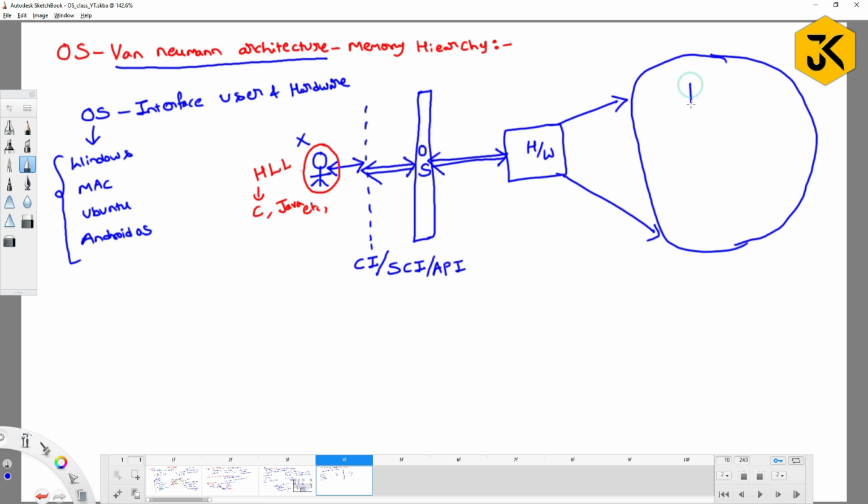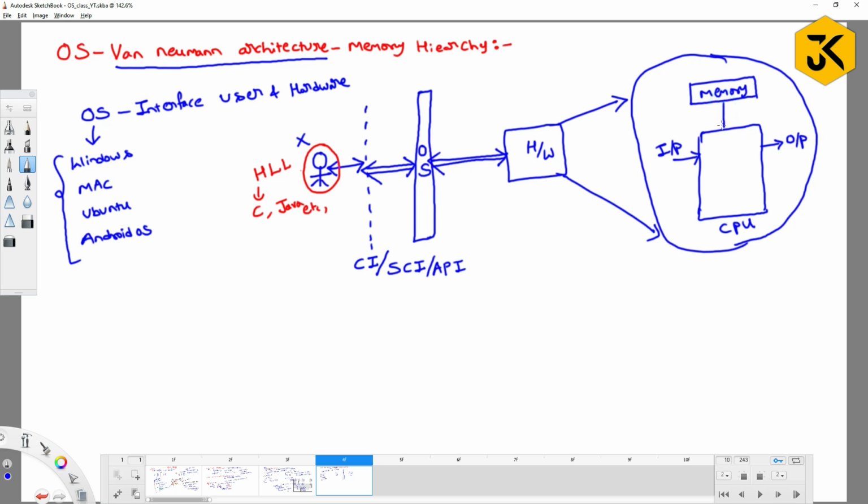So hardware contains, one, a memory area, and we have the main heart of the system, the CPU, central processing unit, which takes input from input devices and produces output, and it is connected to the output devices, right?